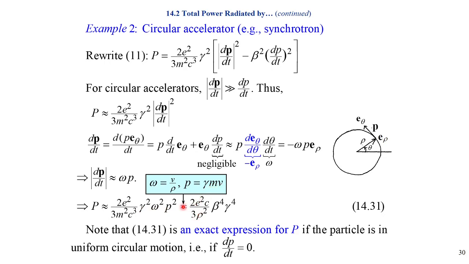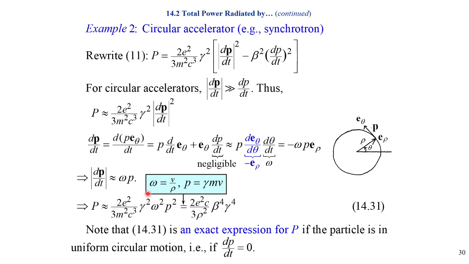So eventually the total radiated power equals 2e squared c over 3 times... m squared is cancelled with m squared, and gamma squared is used here.